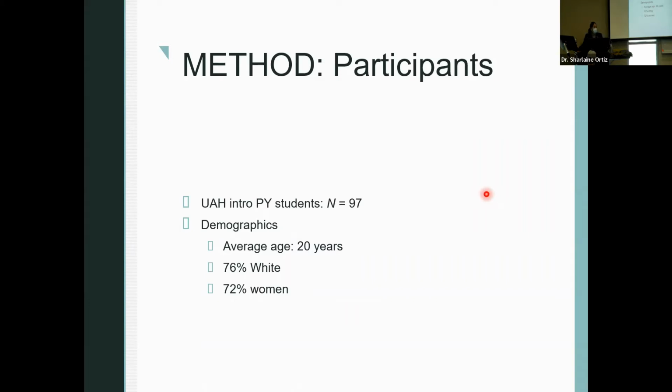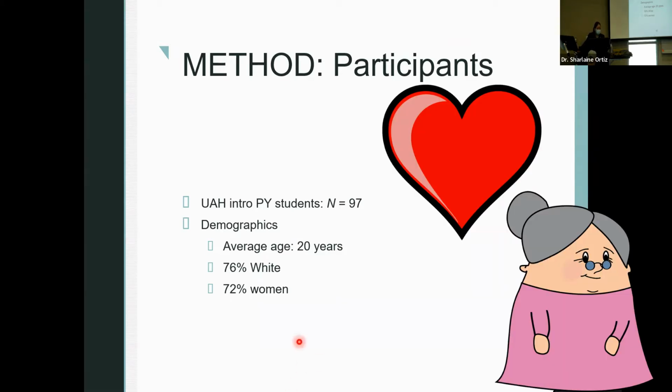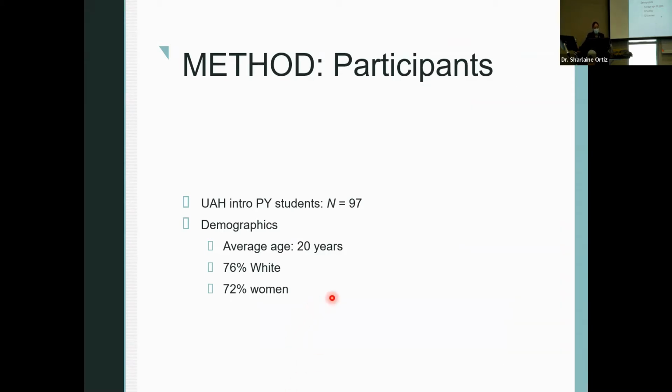And also within a method section, I need to describe the demographics of said study. So for example, generally the average age here is 20, which I hate to admit because I'm not 20 years old anymore, but I love you guys all the same. Generally, the vast majority of students in an introductory class tend to identify as white.